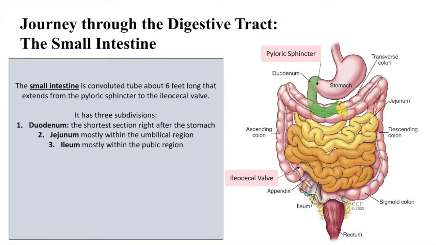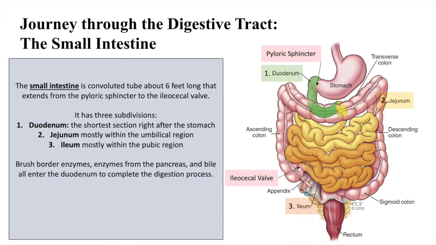The small intestine is a convoluted tube about 6 feet long that extends from the pyloric sphincter to the ileocecal valve. The small intestine has 3 subdivisions: the duodenum, or the shortest section right after the stomach. The jejunum, the second portion, lies mostly within the umbilical region, while the ileum, the third portion, lies mostly within the pubic region.